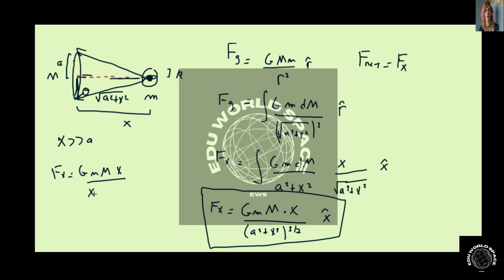So we just have x squared to the 3/2, still in the x direction. So x squared to the 3/2 is just x cubed. And so we cancel that x up top, and we'll just get G little m big M over x squared in the x direction. So exactly the force we would expect between two point particles that are a distance x away.